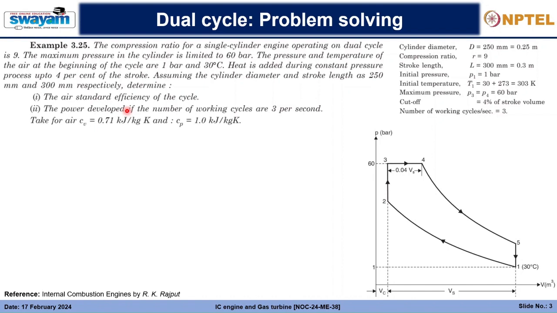So instead, if you are very familiar with the graph and the thermodynamic relations, and you are confident that you can find the relations very quickly, then you can quickly find the net work output and the total heat input. Based on that, you can directly find the air standard efficiency of the cycle. Either way, it works. And then the power developed if the working cycles are 3 per second. That we will see how to solve.